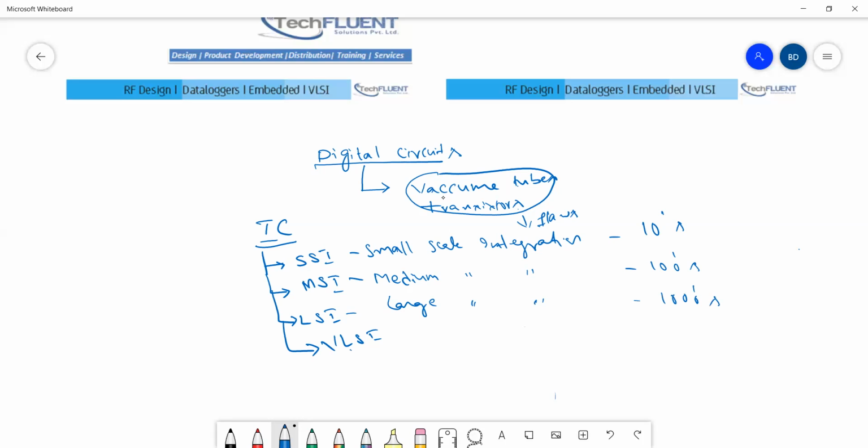VLSI is very large scale integration, where more than 1000 transistors or gates are fabricated on a single chip. As the technology progressed, millions and billions of transistors are fabricated on the same IC.